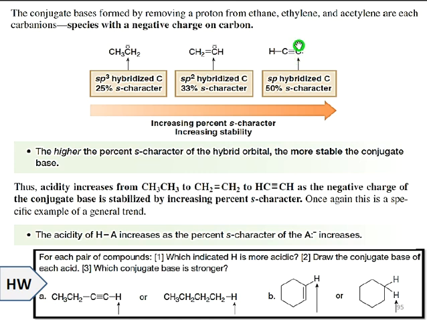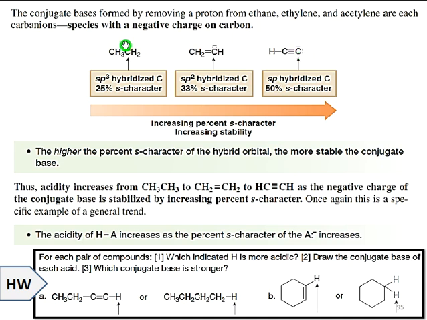Now the negative charge here is on the sp carbon, which has a triple bond. That means the negative charge is near the high electron density. For this reason it will be a more stable conjugate base, that means the acid will be stronger.